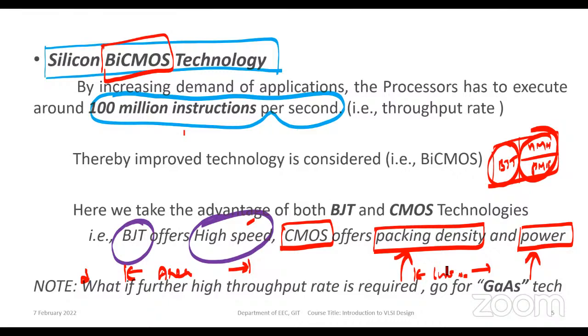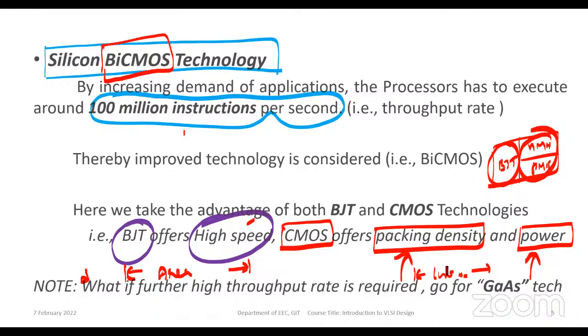You just have to understand that, especially from the material point of view, IC technologies are classified into two types: silicon-based IC technologies and gallium-based IC technologies.